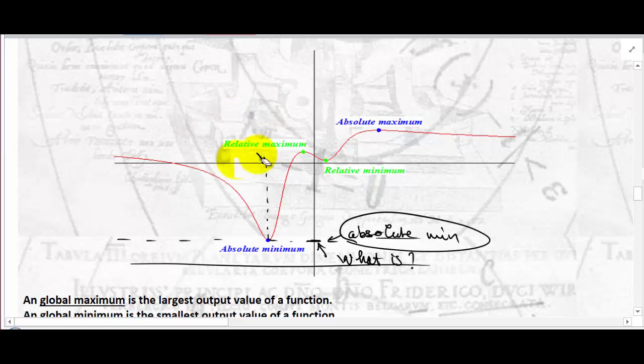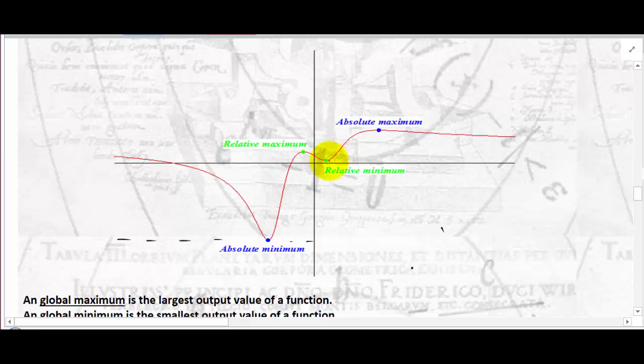Let's check out the other trough. There is another trough right here, right? So what's going on here? This is a min too, right? But here, let me zoom in right here, like that. It goes like this, right? So here's the y-axis. Around this value right here, you've got a min, right?